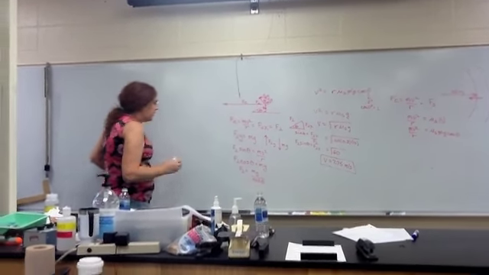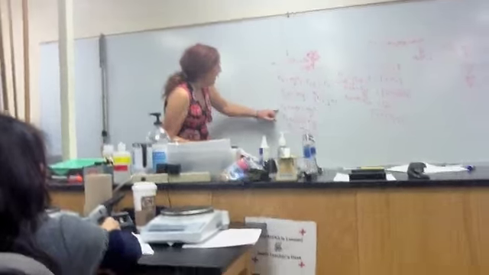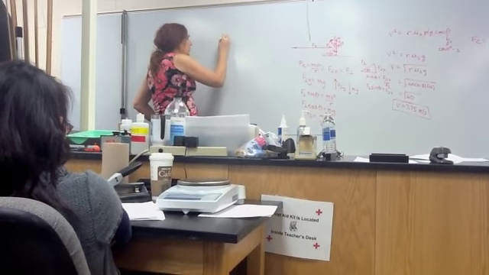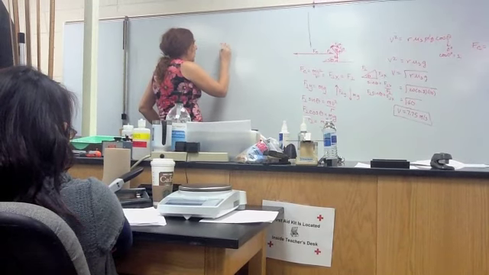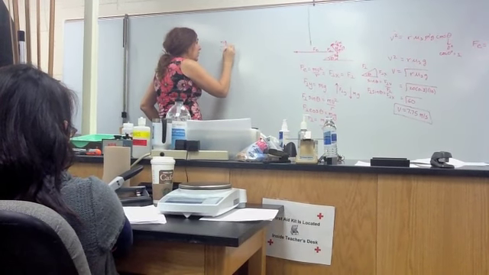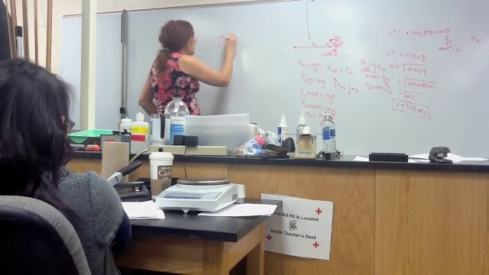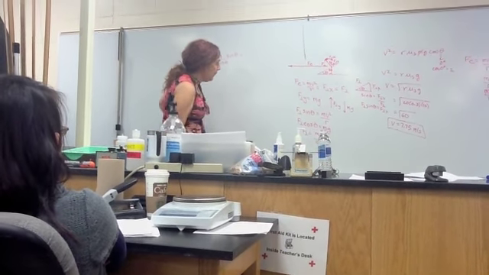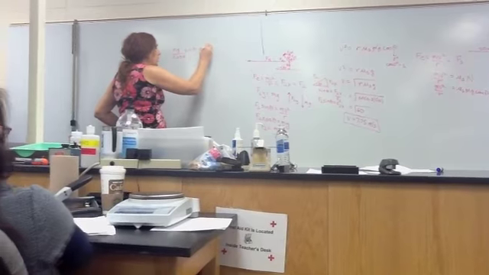So if we take this and substitute it back in, on one side we get mg over cosine of the angle times sine of the angle, and on the other side it is equal to exactly mv squared over r.